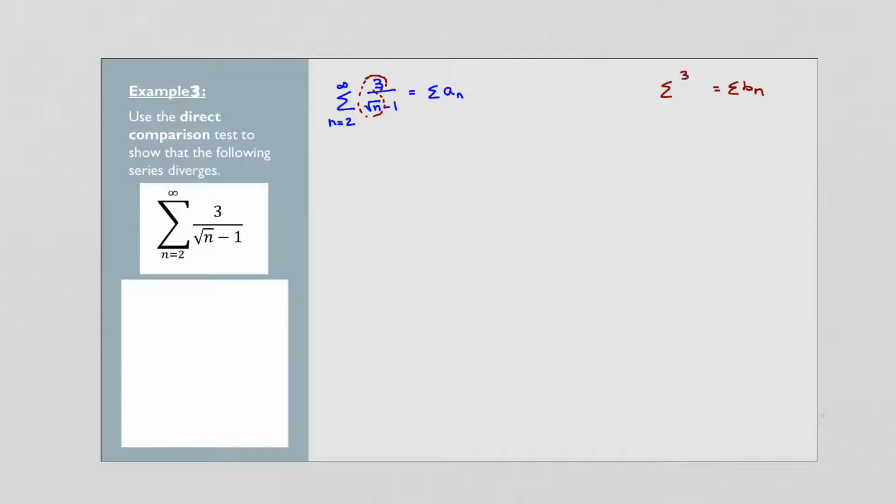Now, I'm just guessing. But let's check and see. Let's write down some order, and let's start with what we know. We know that the square root of n is going to be larger than the square root of n minus 1, where n is any finite integer that ranges from 2 to infinity.